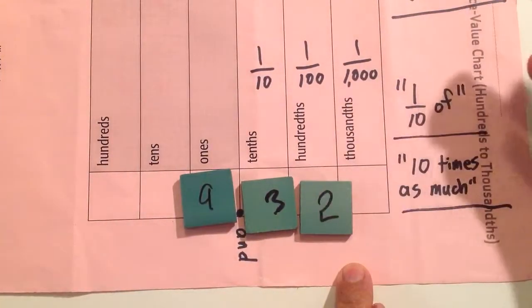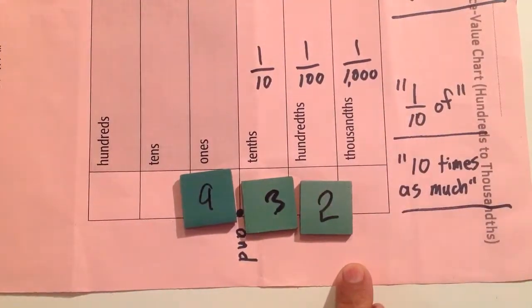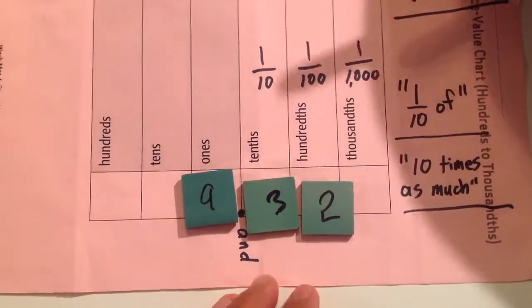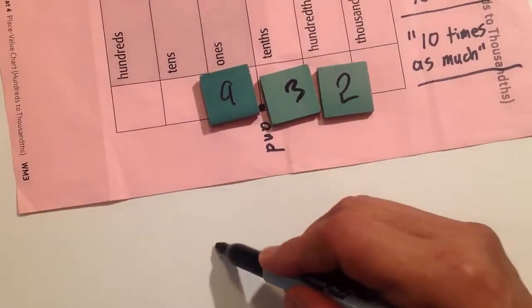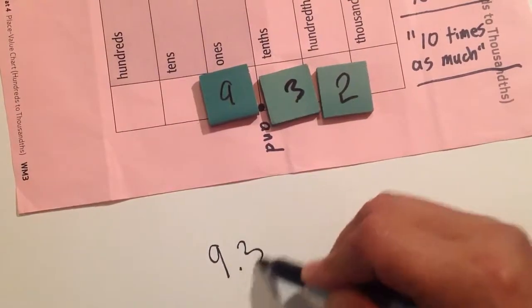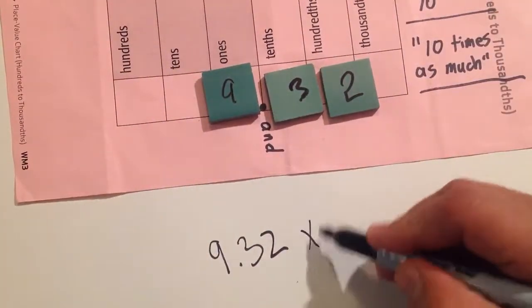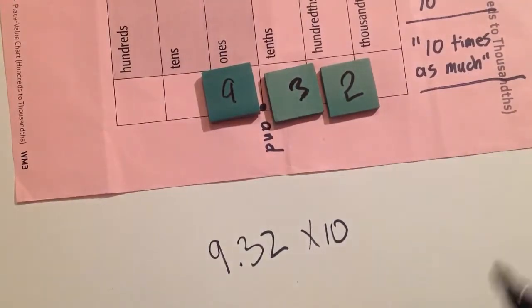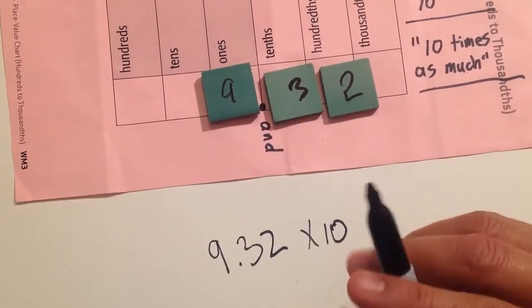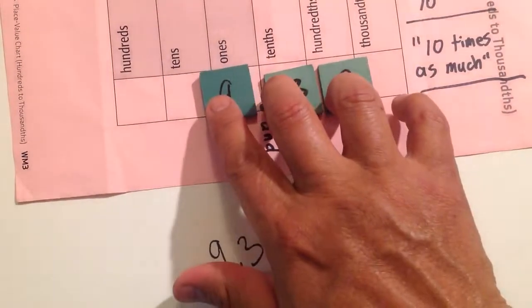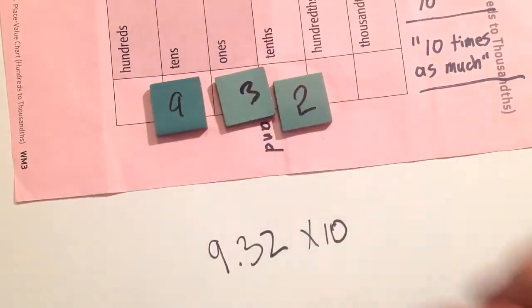Isn't that nice? This is really, really helpful, and I have found that in math there are frequently kids who understand that if you have 9 and 32 hundredths, and there's a math problem that says times it by 10, some kids get this. They've learned this at some point, and they see this in middle school. Well, that's 10 times greater, so all the digits move one place to the left.